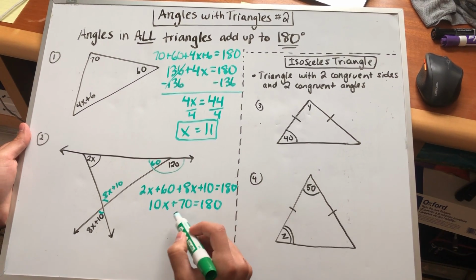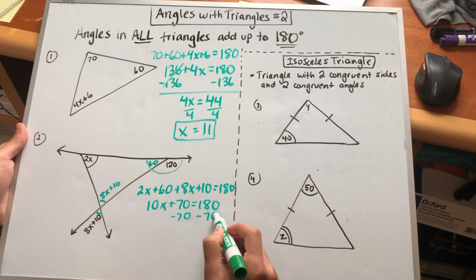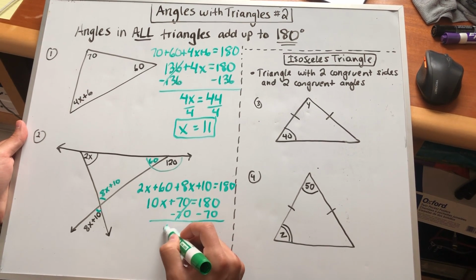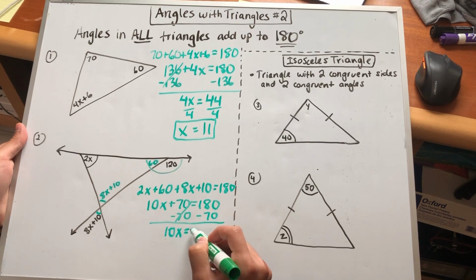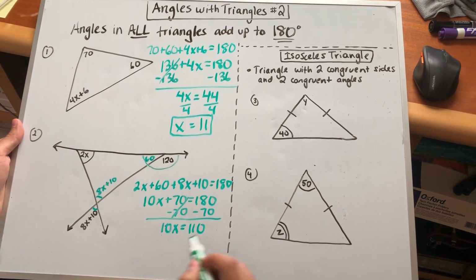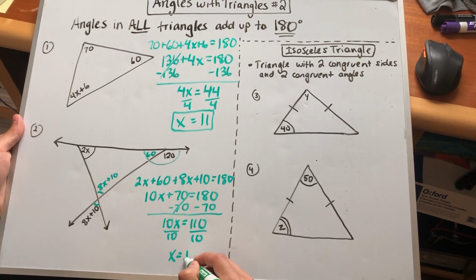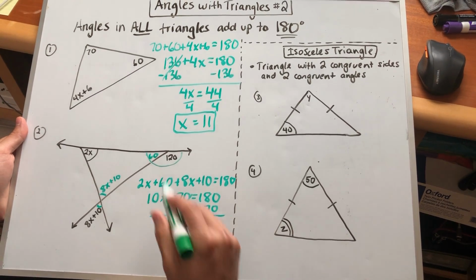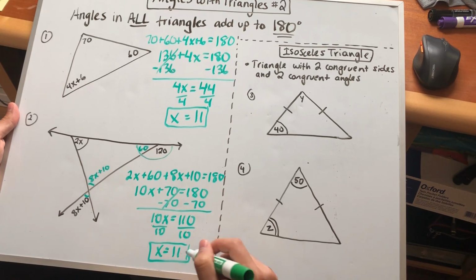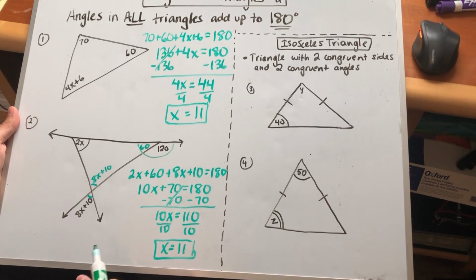We're just going to solve for x. So subtract 70 to the other side. You have 10x equals 110. Divide by 10. And you get x equals 11 also. I didn't even mean to do that. Okay. So, yep. So that's how you solve for this example.